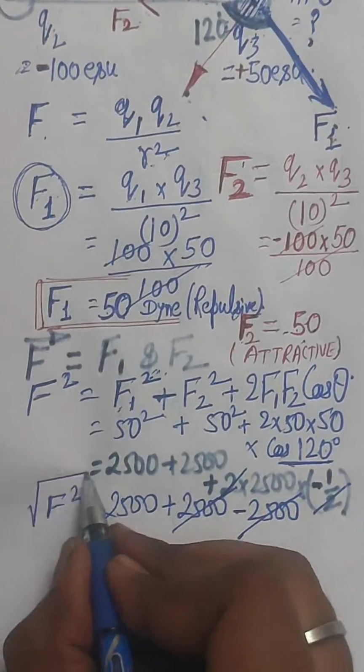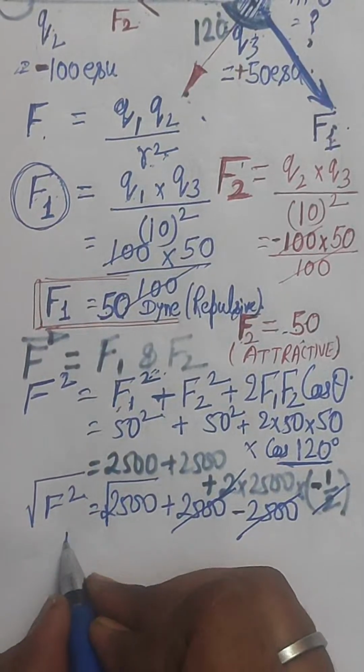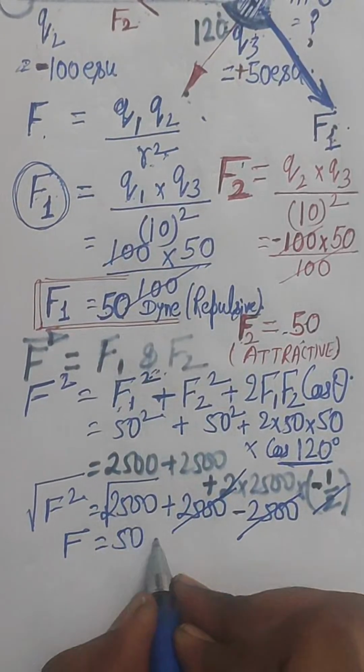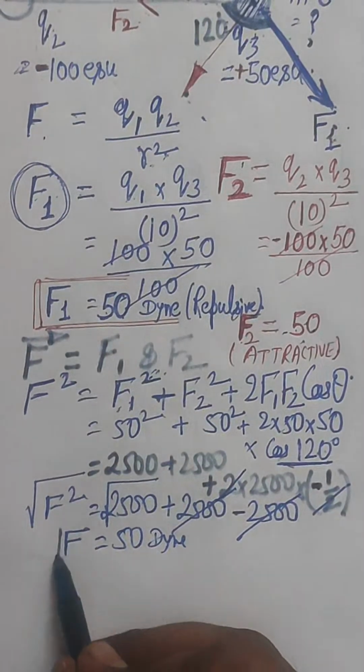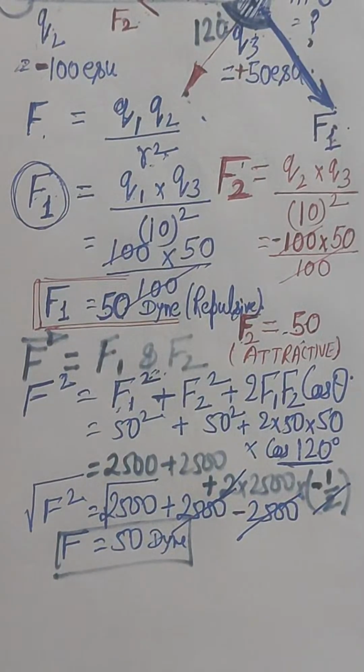And when you take the root on both the sides, you get the value of equivalent force, and that is equal to 50. So this is the resultant force which is calculated, F equal to 50.